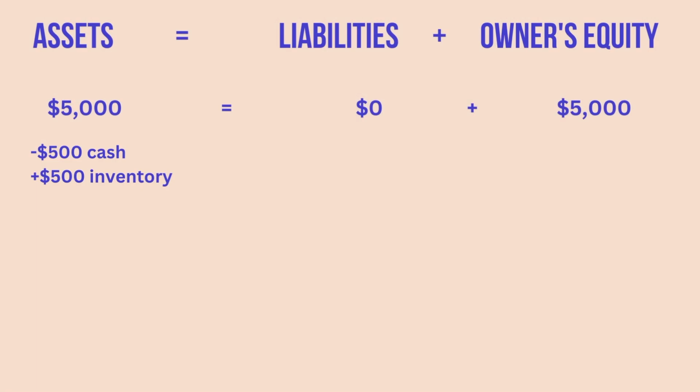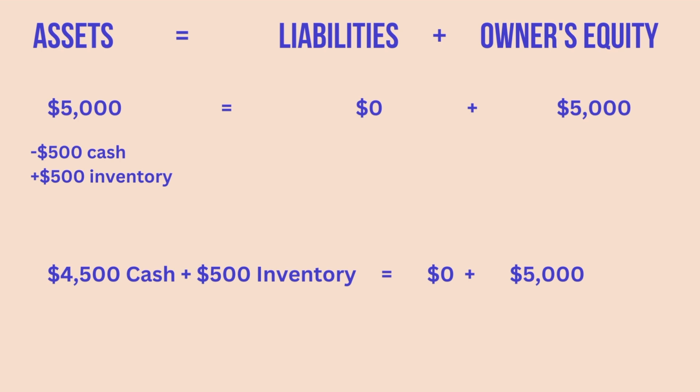You use $500 of your cash to purchase ingredients for baking cookies. Your cash goes down by $500 and your inventory goes up by $500. Again, the accounting equation remains balanced. You now have assets of $4,500 cash, $500 of inventory, which equals liabilities of 0 plus shareholders' equity of $5,000.